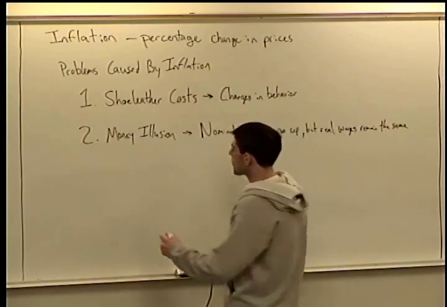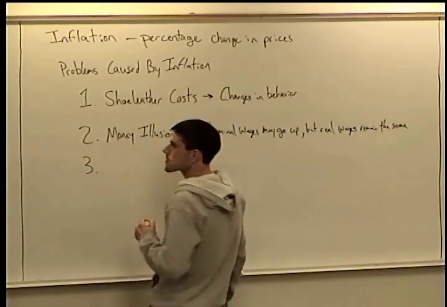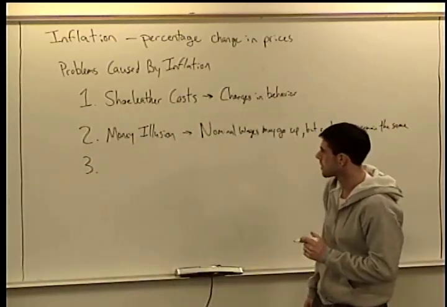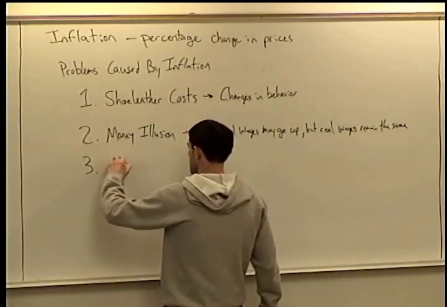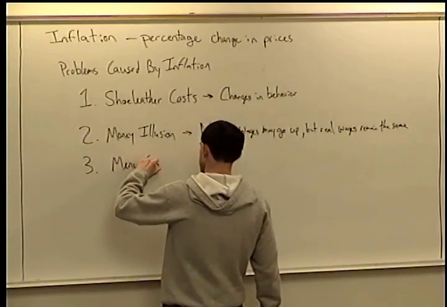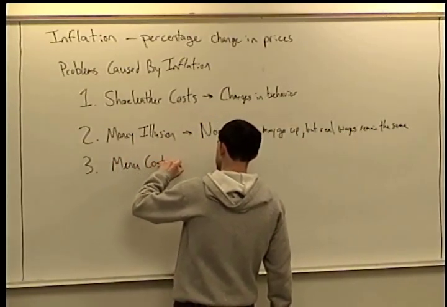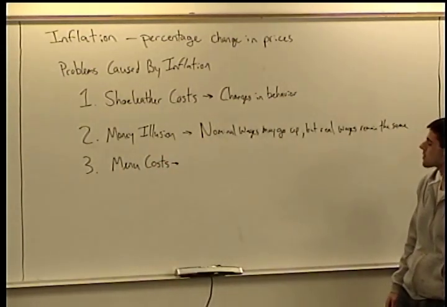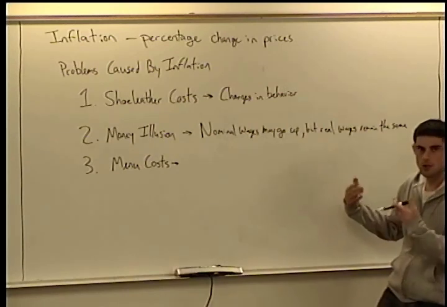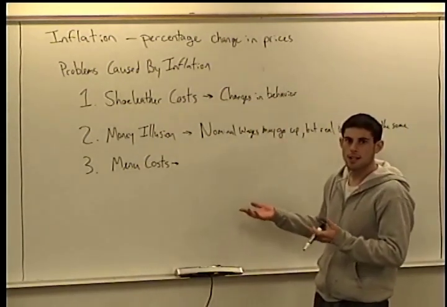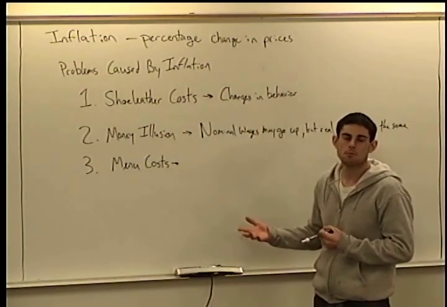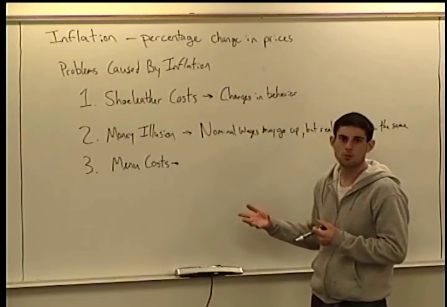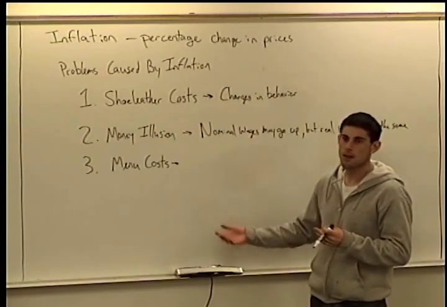Okay, the third one reflects more cost towards businesses. We call them menu costs. Menu costs are typically like, if you're a restaurant and you print out a menu and then prices go up, so you have to charge more, you're going to have to print out a new menu.